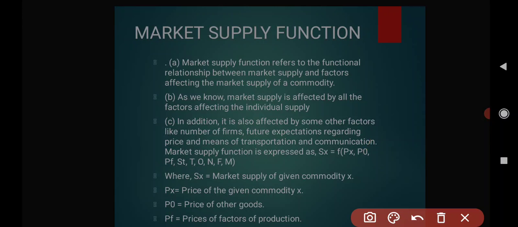Market supply function is expressed as supply is the function of price of the commodity, price of related goods, price of factors of production, state of technology, taxation policy, objective of the firm, number of firms, future expectation of price, and means of transport and communication.